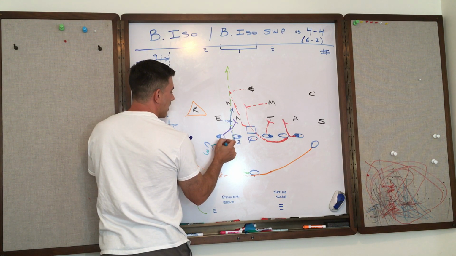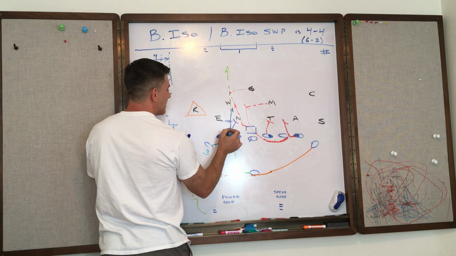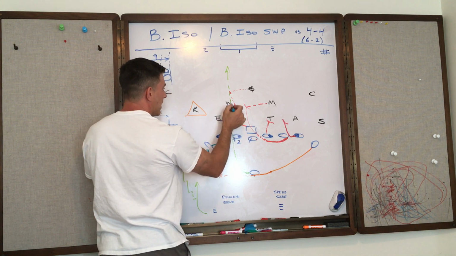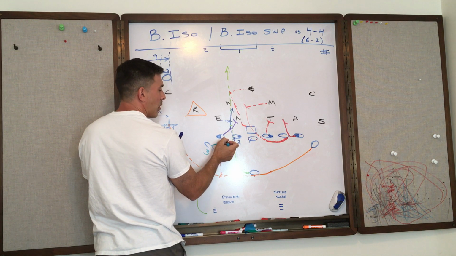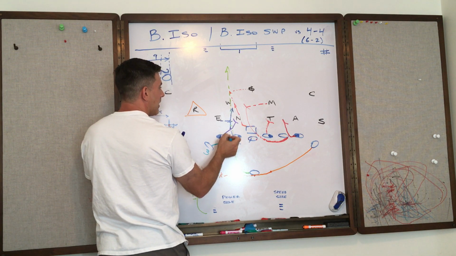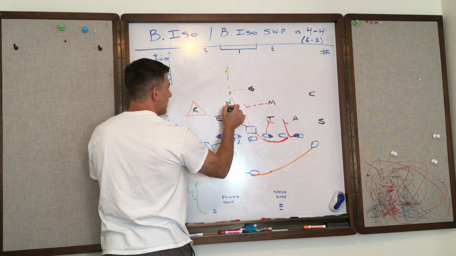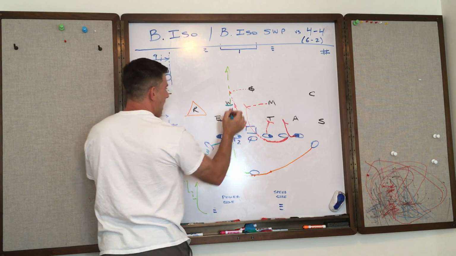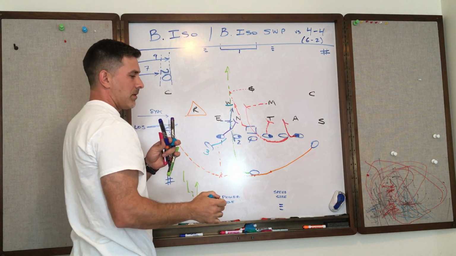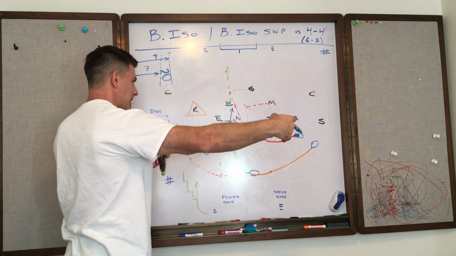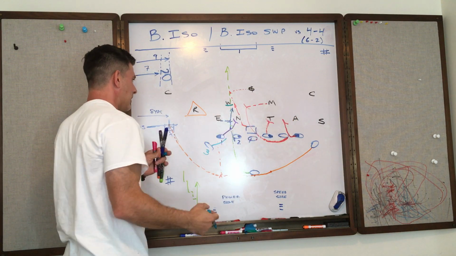Because his natural thing, let's say the guard kicked out, he wants to run down the point of attack and get to that B-gap defender, that second level guy.